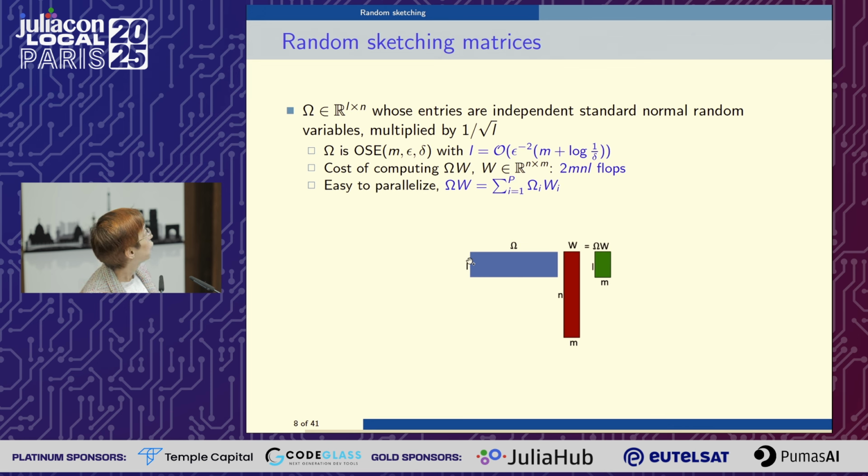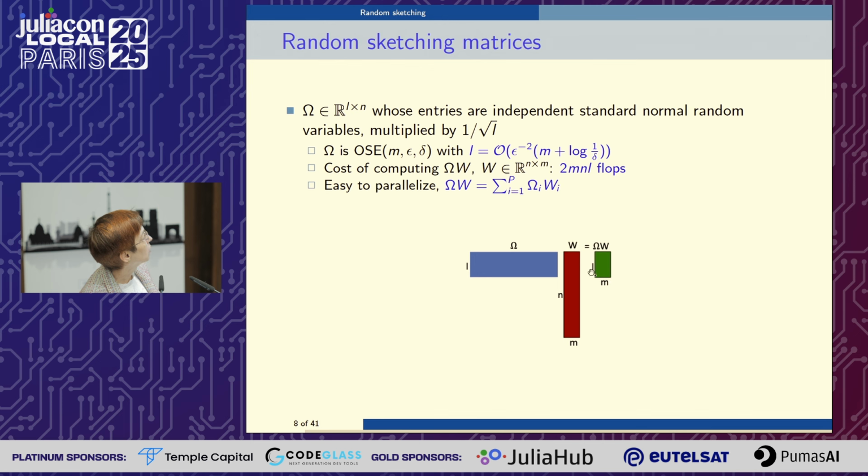Now we are interested to see what sketch dimension we need to satisfy this oblivious subspace embedding property. In the case of a Gaussian matrix, that's the optimal we can have: L is big O of epsilon to minus 2 multiplied with m, the number of vectors I'm going to sketch, plus a logarithmic factor. If the vectors in W are dense, then when we sketch, we multiply two dense matrices, and we obtain a matrix of dimension L by m.